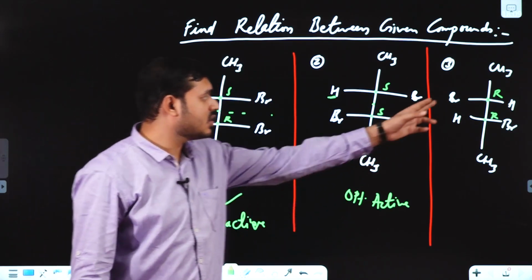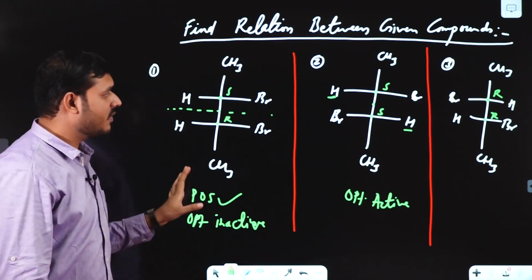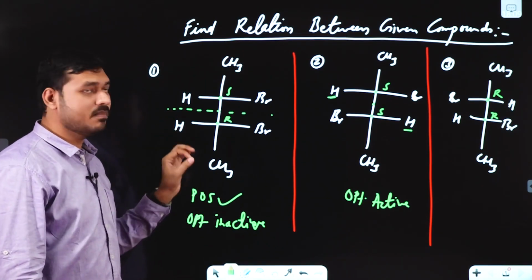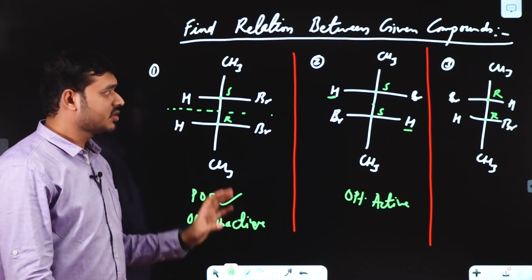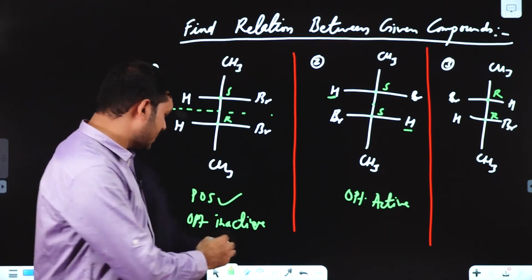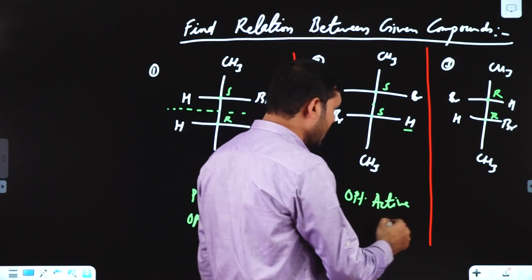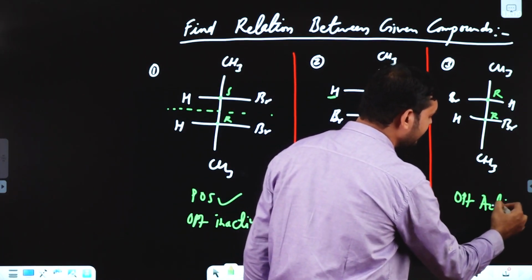Now you can see this is also 2,3-dibromobutane. So we can understand the molecular formula as well as connectivity, means the structure part of these 3 are the same. So it's about stereoisomerism now. This is POS, optically inactive, and these are optically active.